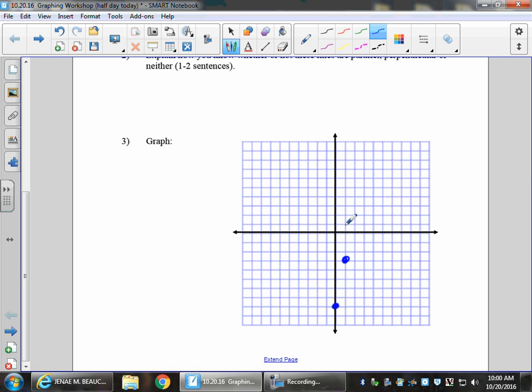Up 1, 2, 3, 4, 5, right 1. If you have your ID from before, take it out. Otherwise, where's your straight edge piece of paper? And I'm halfway there. This is one of my lines.